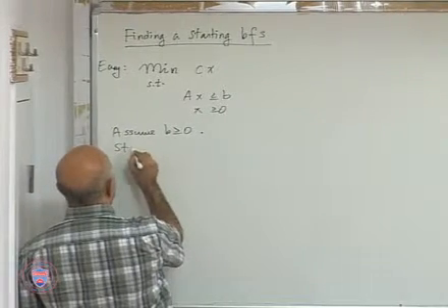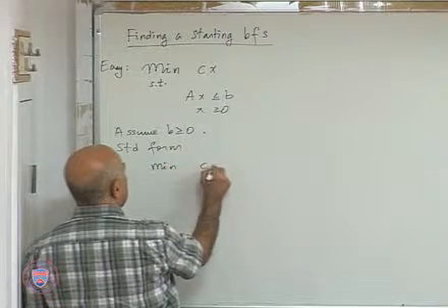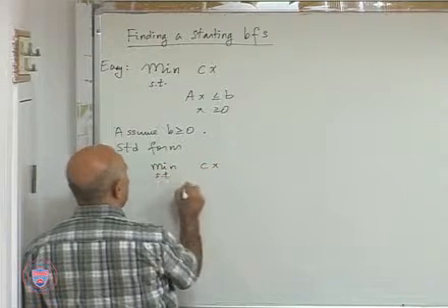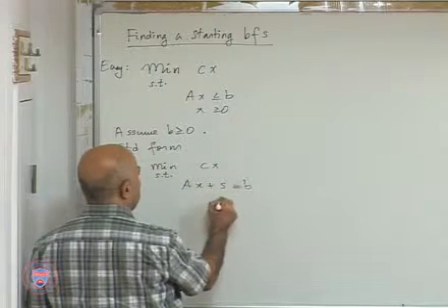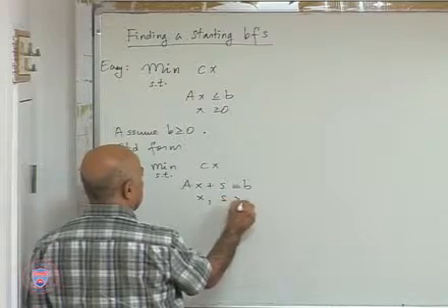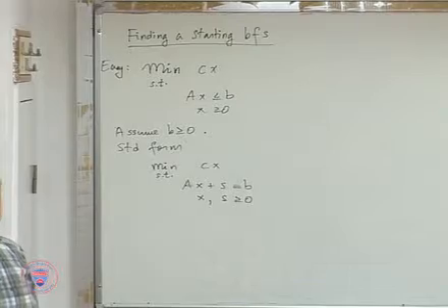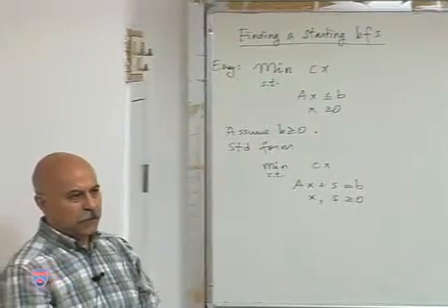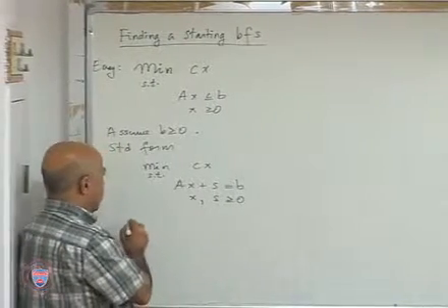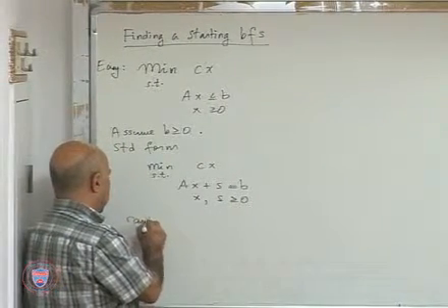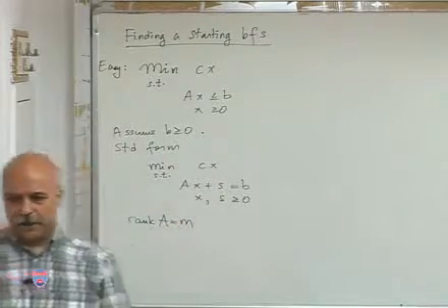The standard form of the problem will then give you the minimization of Cx subject to Ax plus a vector of slack variables equals b, with x and slacks being non-negative. Okay? S stands for a vector of slack variables. I'm assuming rank of A is, again, m, the number of rows of A. Okay?